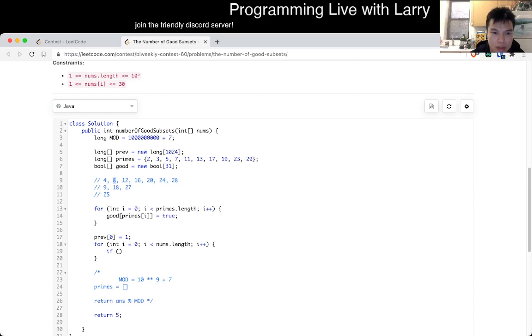So 4 times even 9 is too big. And 4 times 5 is 20, so okay. So yeah. No good. Yes.